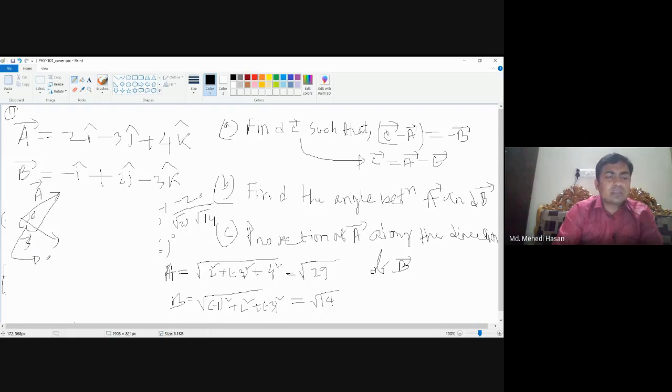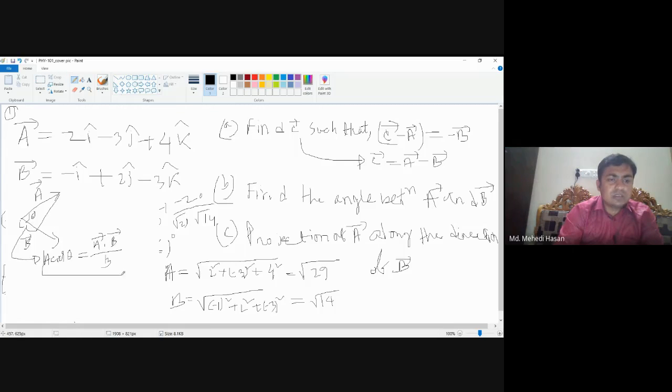In Bengali, it's called lombo vikshep. So it will be a cos theta. Now if we apply the dot product formula, we know that a dot b equals ab cos theta. So a cos theta will be a dot b divided by b.